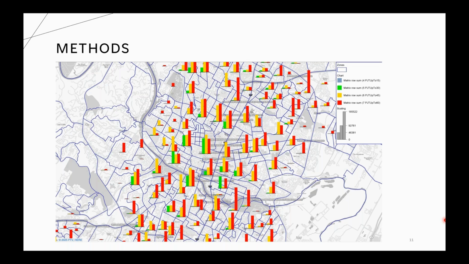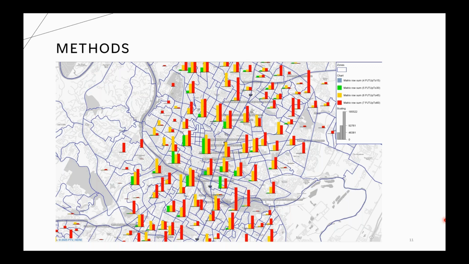In this method, we first define classes of travel time, like up to 15 minutes, 30, 45, 60, and beyond 60. And then for each origin zone, we classify the destination zones into each of these categories based on their travel time from the origin to that destination.